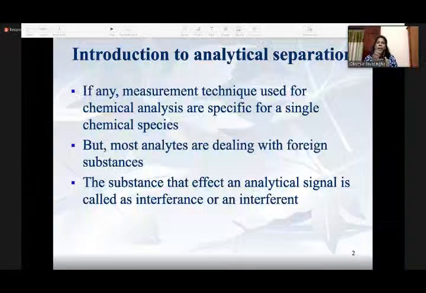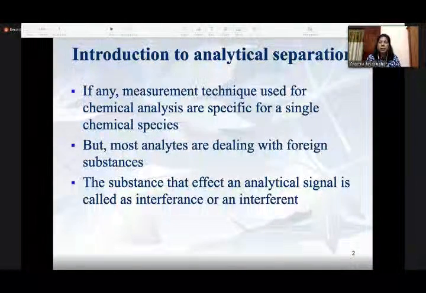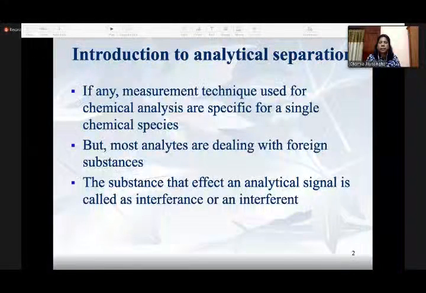It is always bound with other compounds. Therefore, first we have to remove them, or mask them, or separate them. Then only can we do the chemical analysis for our target chemical species.